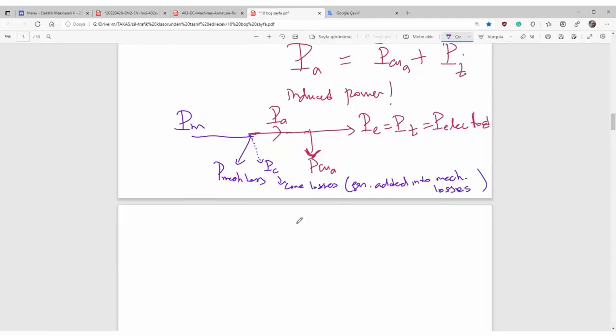They are generally given in mechanical losses. They give no emphasis on core losses. And of course, core losses are much smaller than in AC machines, because in AC, you know, there is a time derivative of magnetic flux in every part. So that changing magnetic flux will induce core losses.